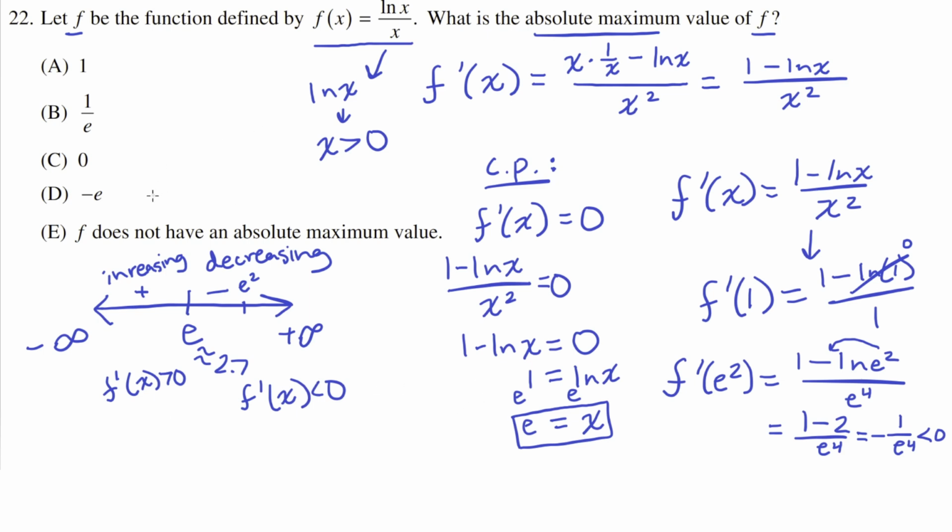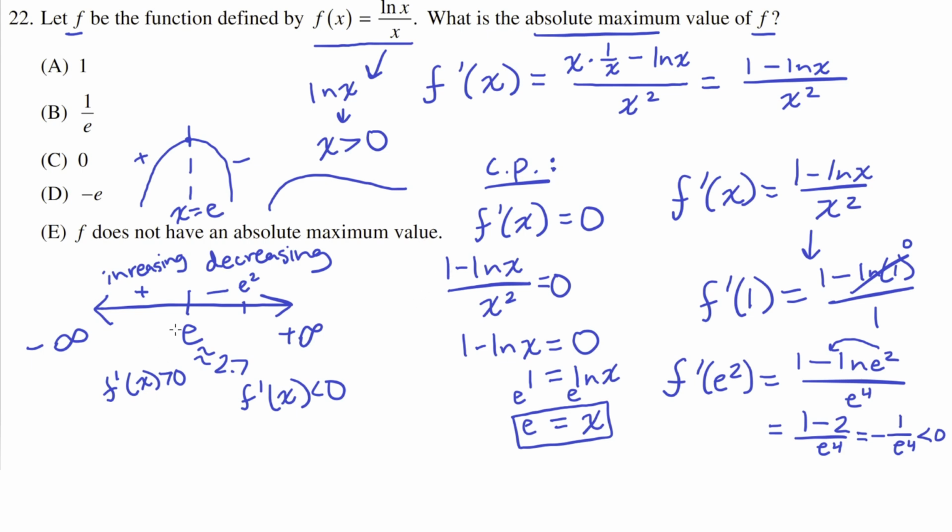So our function probably looks something like this. It's increasing, and then at the value of e it stops, and then we're decreasing. It could look like that, or it could look like this. It doesn't really matter, but the point is that at e, the function goes from increasing, so positive slopes, to negative slopes at that x value of e.